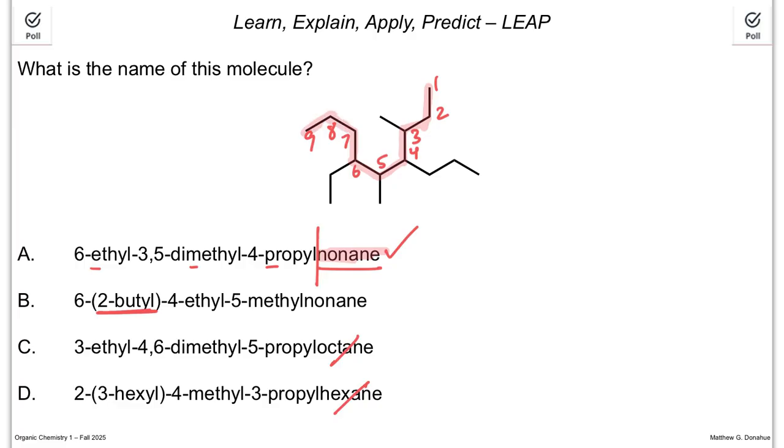So there's your 9. There's your ethyl. Here's your dimethyl. I want green. And then there's your propyl.